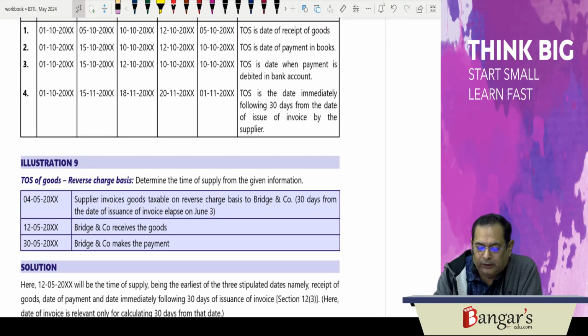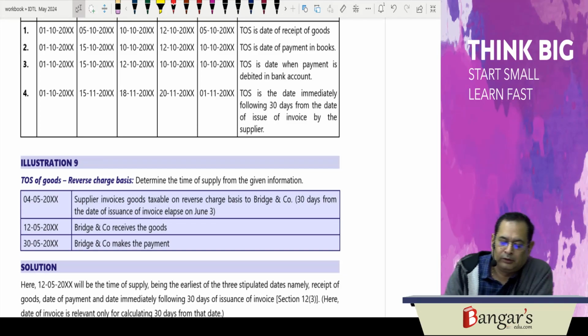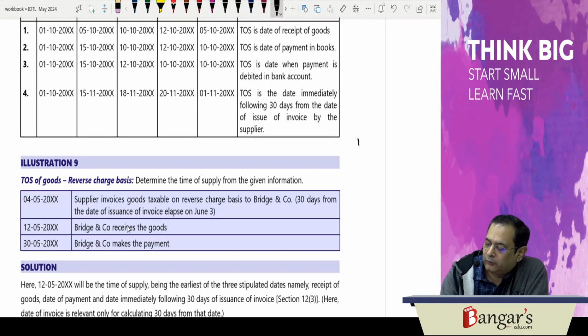Now they say determine the time of supply from the given information. The supplier invoices the goods taxable on reverse charge basis to Bridge and Company. So the date of invoice, when the supplier invoices the same, is 4th of May.